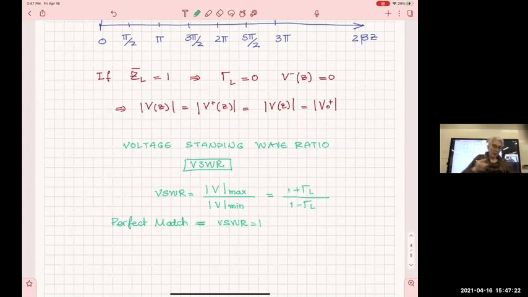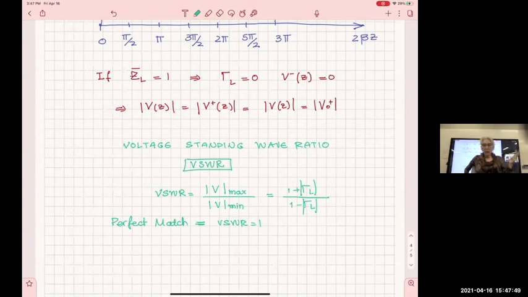If your gamma L becomes 1, like it is in the case of open, short, or a reactive load, so no real part in the load, they give you a reflection coefficient that has a magnitude of 1.